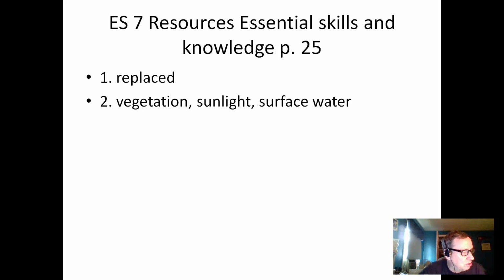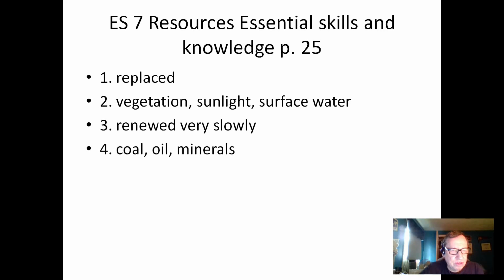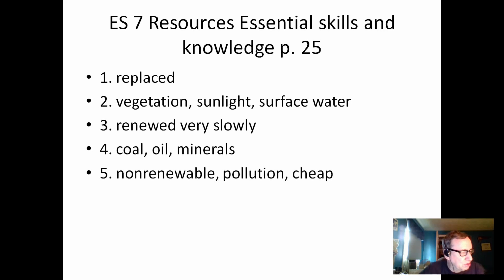Number 3, non-renewable resources are renewed very slowly. Looking for a definition there. Some examples of non-renewable resources are coal, oil, and minerals. Number 5, fossil fuels are non-renewable. They cause pollution, and they are relatively cheap and easy to use.